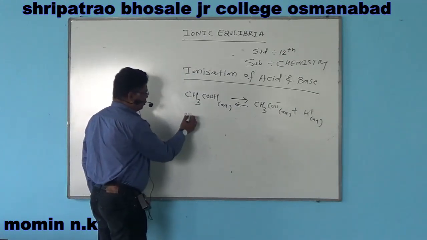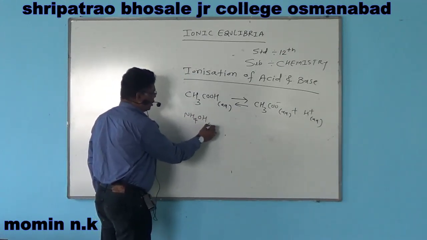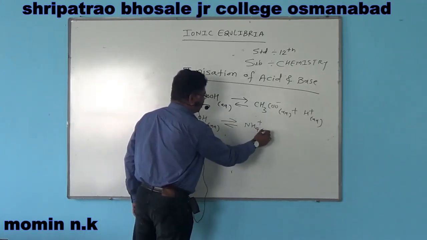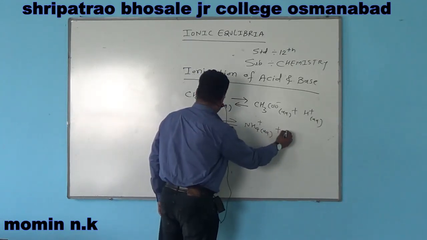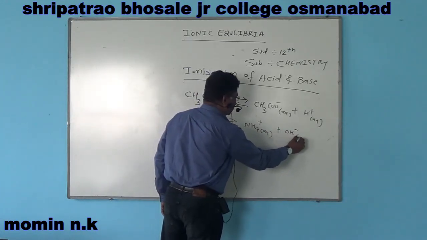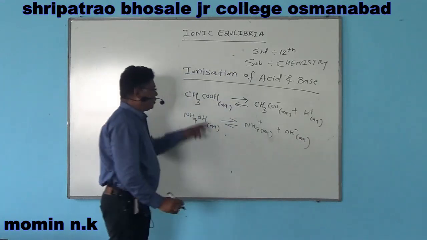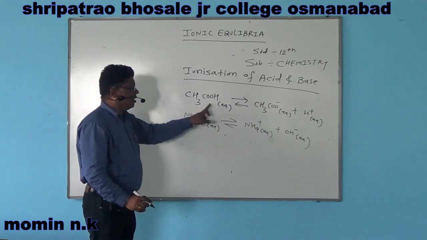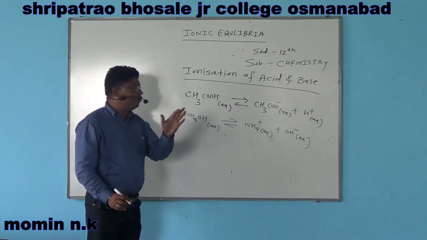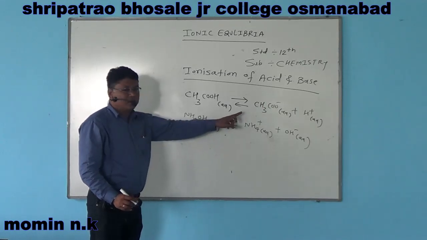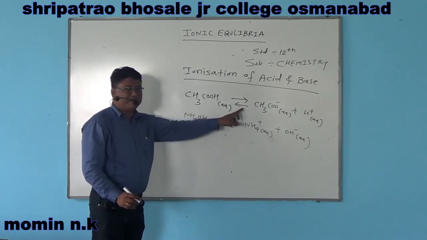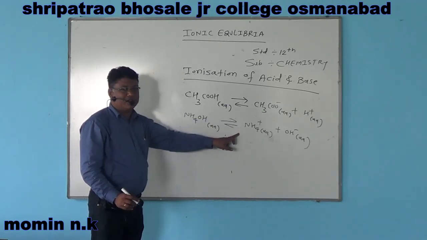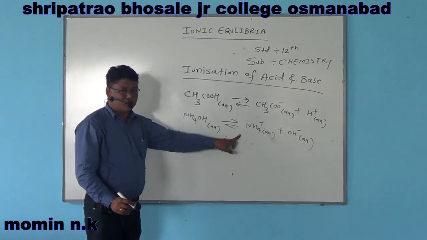Similarly, NH4OH aqueous gives NH4 plus aqueous plus OH minus aqueous. Acetic acid is an example of a weak acid, and you know that dissociation of a weak acid or weak base is represented by a double arrow. We cannot use a double arrow for dissociation of a strong acid and strong base.